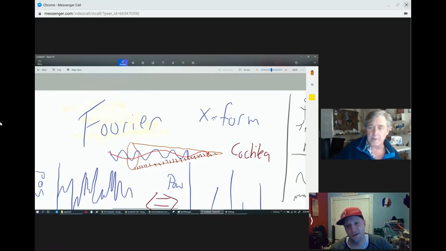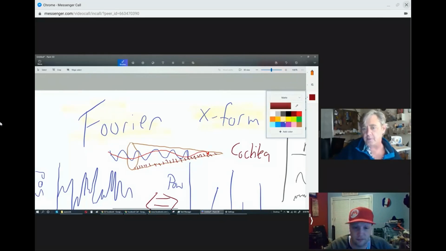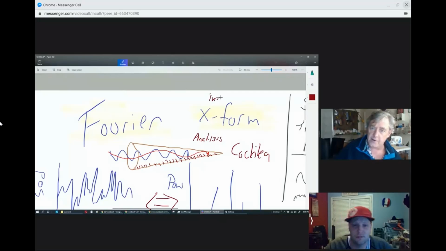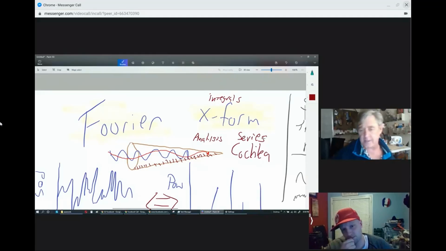Yep, perfect. There's Fourier transforms, Fourier analysis, Fourier integrals, and Fourier series, where we're talking about combining piles of waves, a series of frequencies added up together with different sizes.